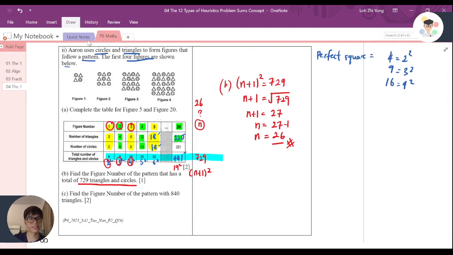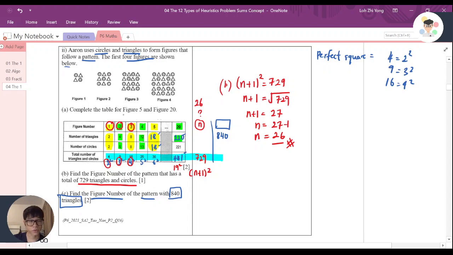Now, let's look at C. C here says to find the figure number of the pattern with 840 triangles. Now, let me just draw the box. Triangles, now I know that I have 840. By knowing this, how can I look for the figure number?